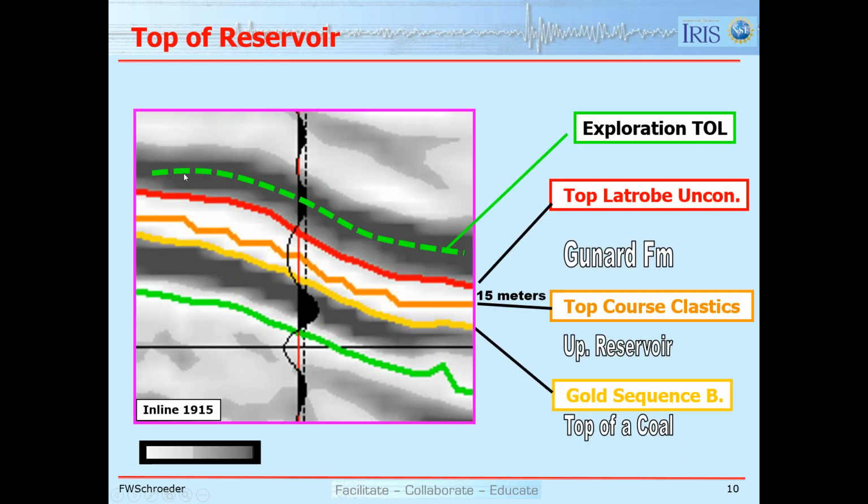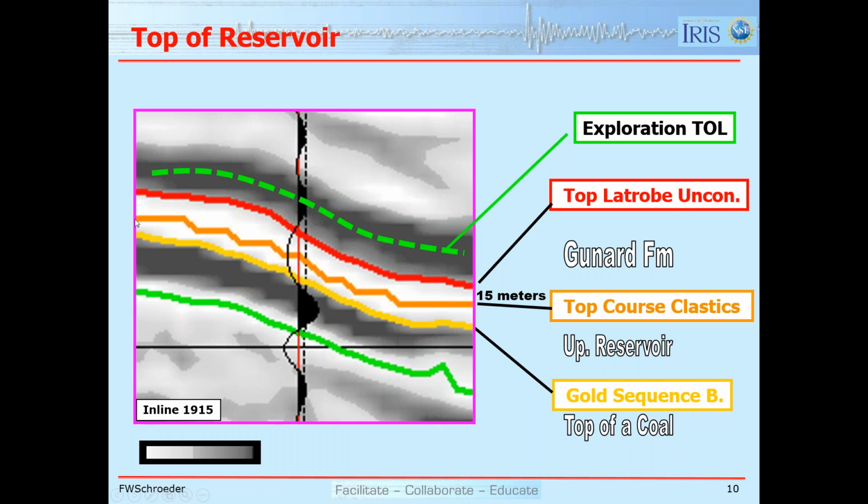So this exploration top reservoir was carried in a peak. We find out with the wells, once we make our well seismic tie, that the unconformity is where we go from black into white. It's the zero crossing from a positive number into a negative number.